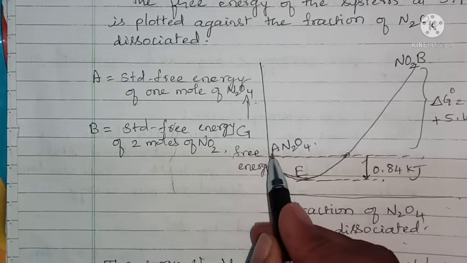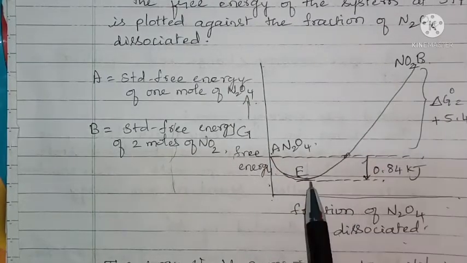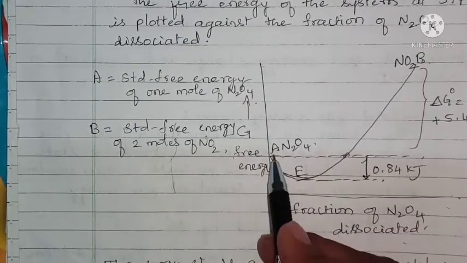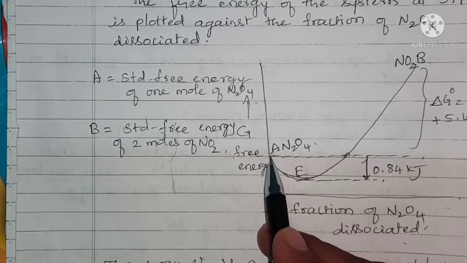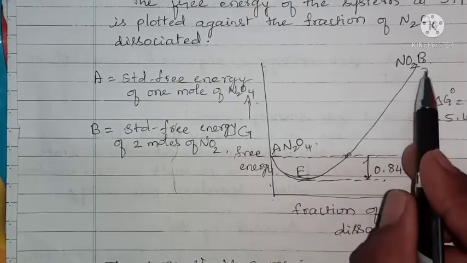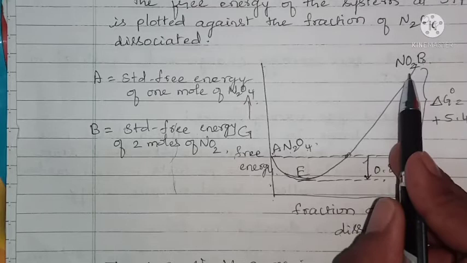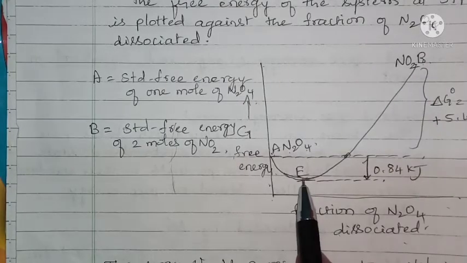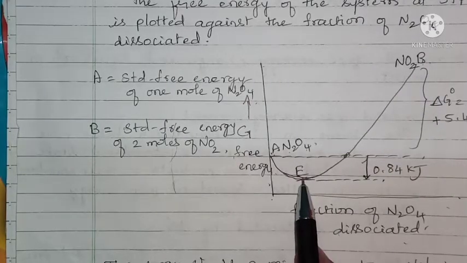There are some points A, B and E. Point A refers to the free energy of N2O4. Point B refers to the free energy of NO2. Point E refers to the free energy of the equilibrium mixture.